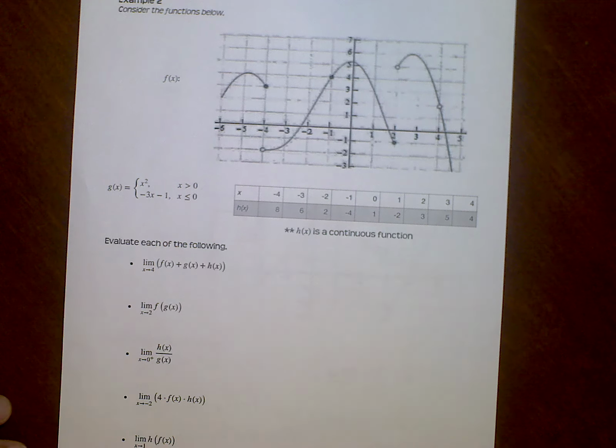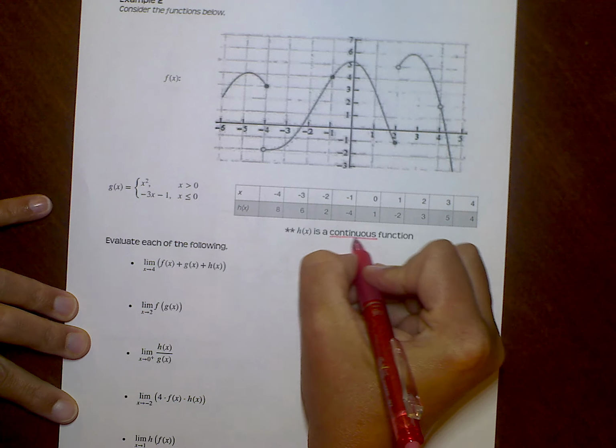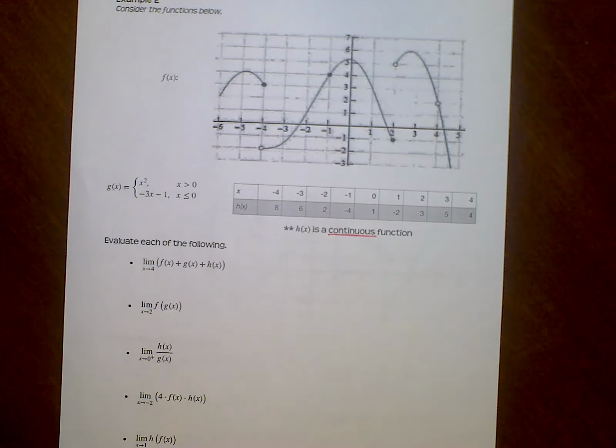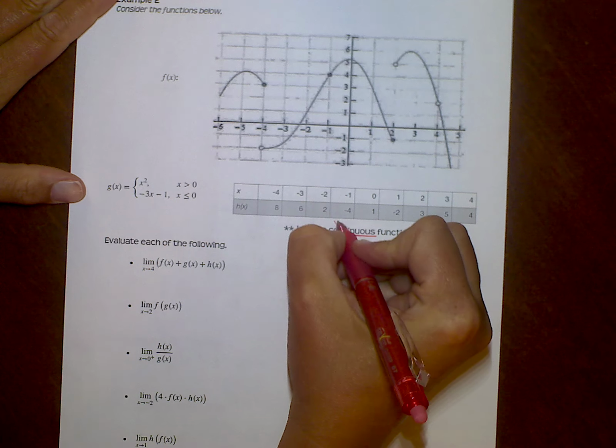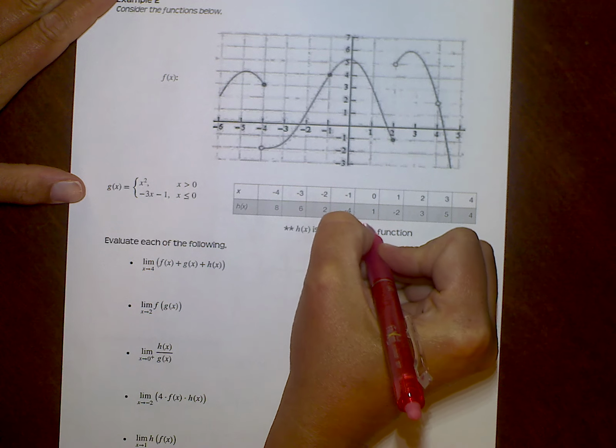But I do want to point this out, and we haven't learned this formally, but h of x is a continuous function. That means there's no holes, there's no breaks, there's no gaps. This is one of those really boring functions when it comes to limits. Continuous means boring.